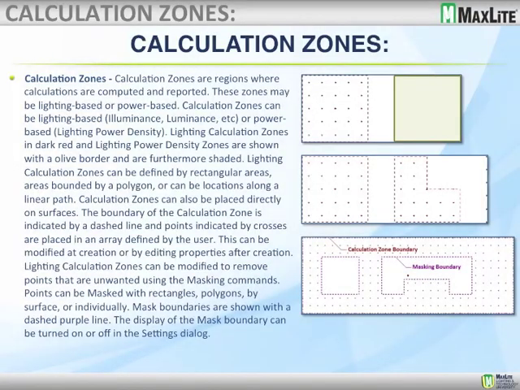So calculation zones, these are the regions where, well, David, if you don't mind, can you tell us a little bit about what calculation zones are and how they impact the end result? Okay, calculation zones, or we could call them statistical zones. You could do an overall entire project with one calculation area. Like a warehouse, for instance. Or a site, yes. And then you can break it down into different calculation or statistical zones. In a warehouse, as you were explaining, you have the assembly area, which is one statistical zone.